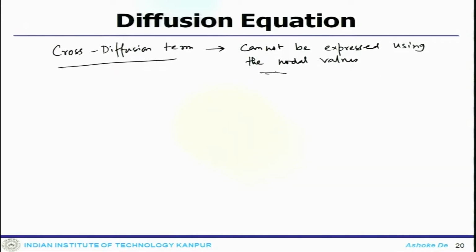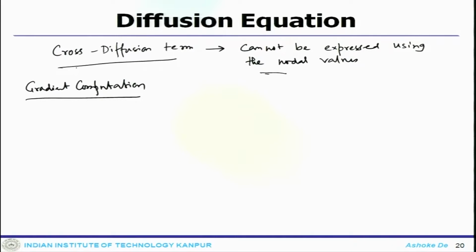One of these, essentially we can look at first the gradient computation, and then we will see in a non-orthogonal system how we actually derive this cross diffusion term.